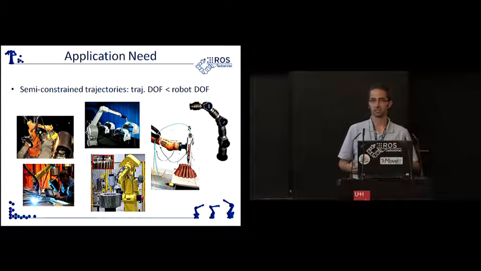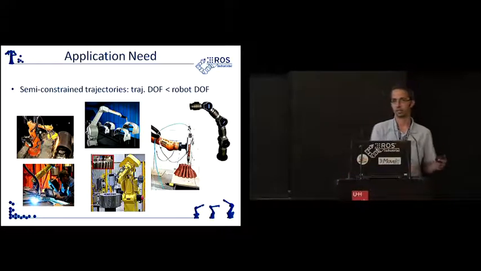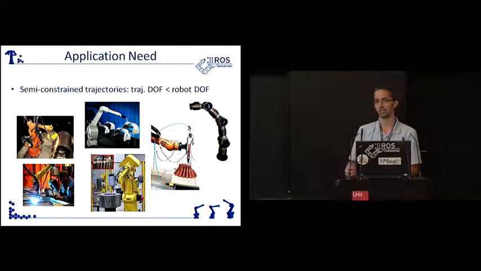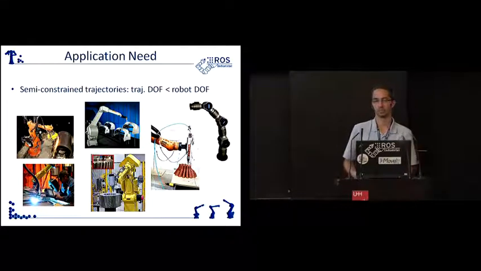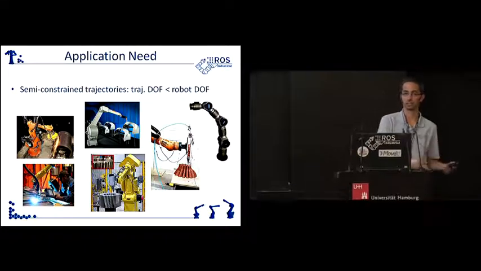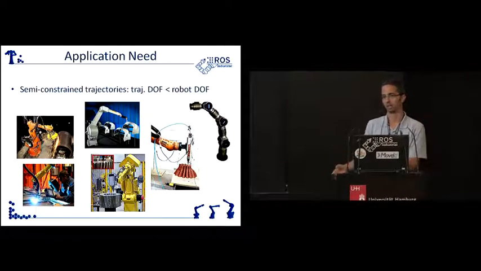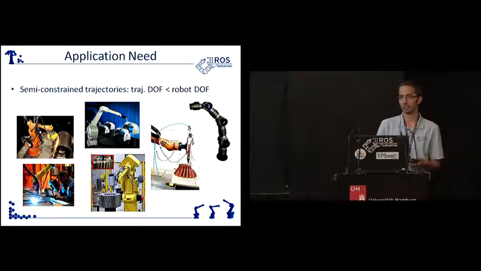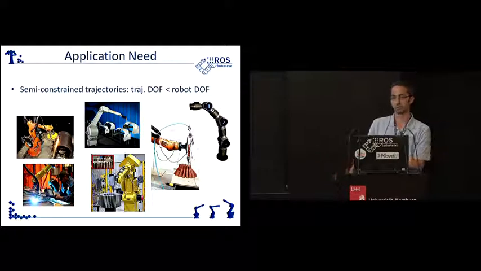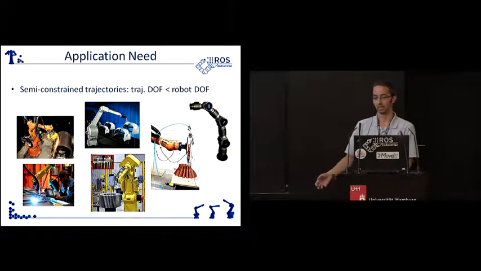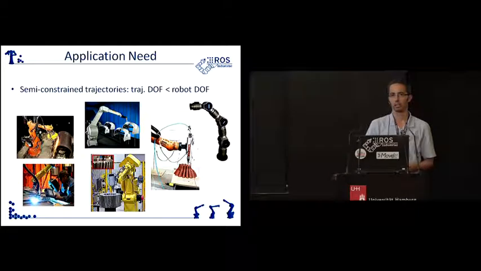It means that the degrees of freedom of your process or your path are less than the degrees of freedom that your robot provides. So you may have a 6 degree of freedom trajectory that you want to follow, but your robot has 7 joints. And this happens a lot with robots that have more than 6 joints, or even processes like machining or blending or painting, where the constraints are a little bit fuzzy.